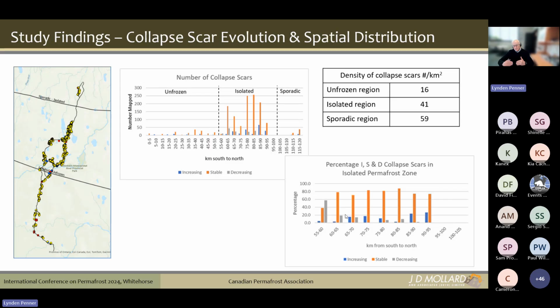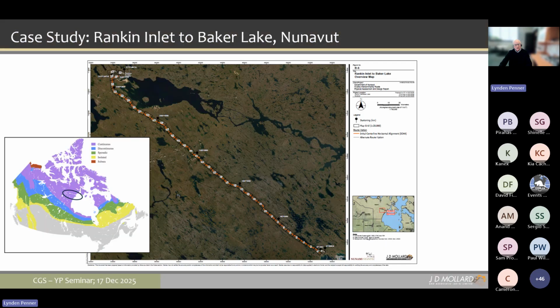And so it seemed to be evidence of gradual warming and degradation of the permafrost from south to north, but that to a large extent, they've remained stable over that time period.